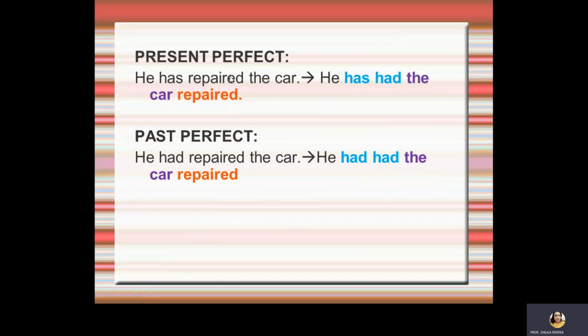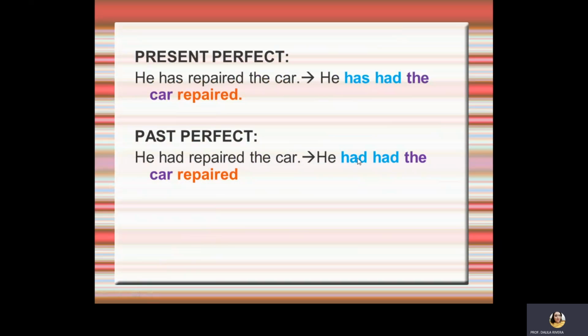With present perfect, it's he has repaired the car. With this structure, it is he has had the car repaired, or he has got the car repaired. With past perfect, he had repaired the car. He had had the car repaired.